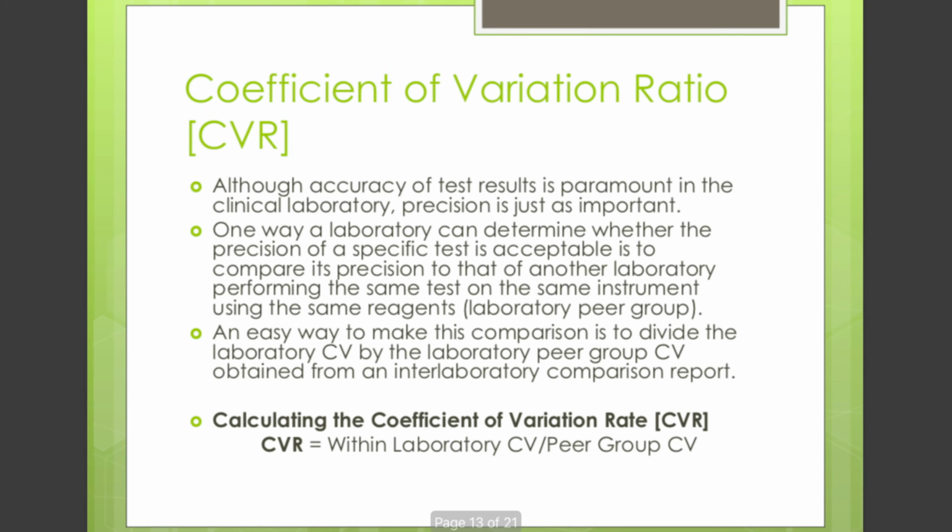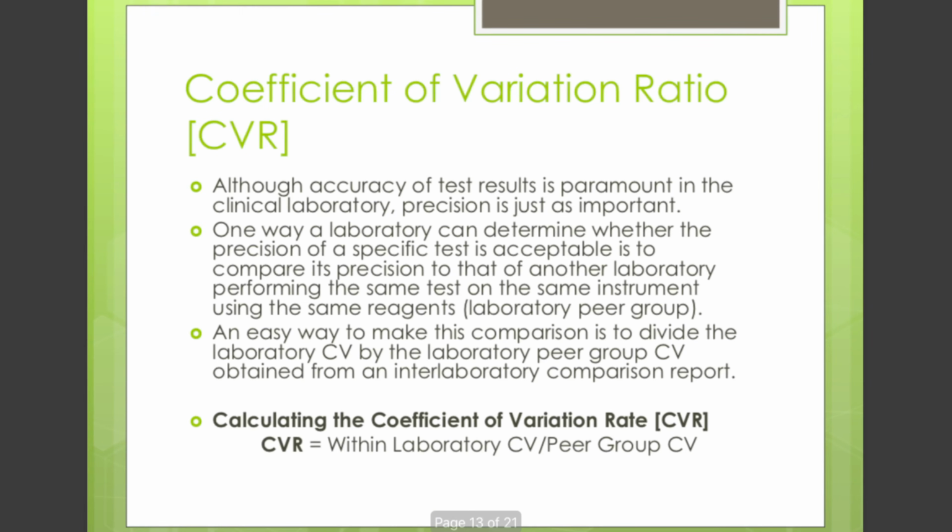An easy way to make this comparison is to divide the laboratory coefficient of variance by the laboratory peer group coefficient of variance obtained from an interlaboratory comparison report. Therefore, the coefficient of variance ratio is equal to laboratory coefficient of variance over peer group coefficient of variance.